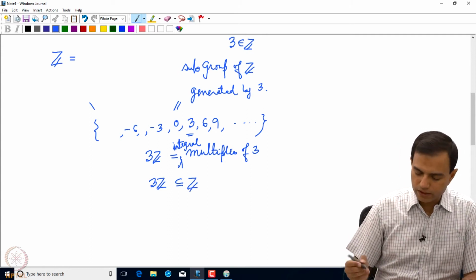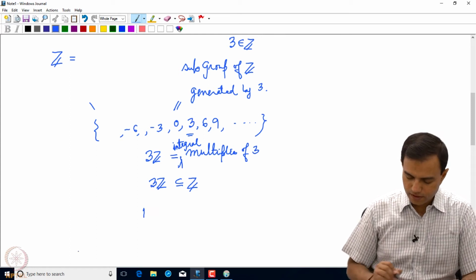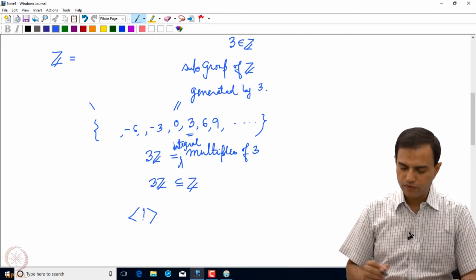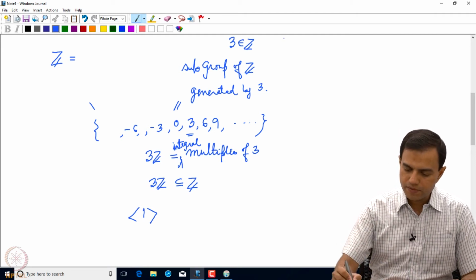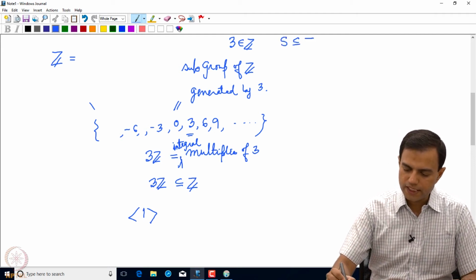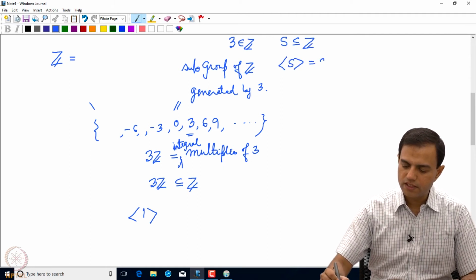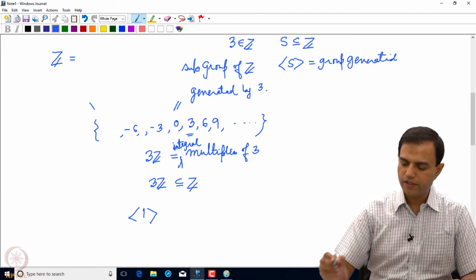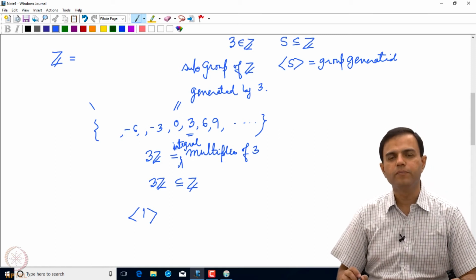But if I take 1, and the group generated by 1. So for any subset S in Z, this is the group generated. What's the meaning of group generated?